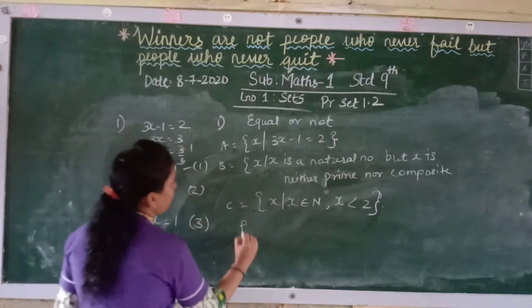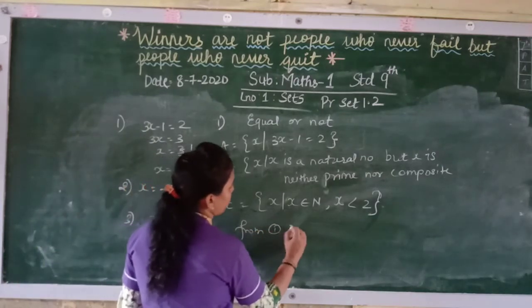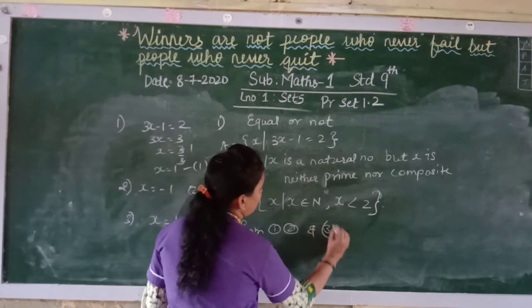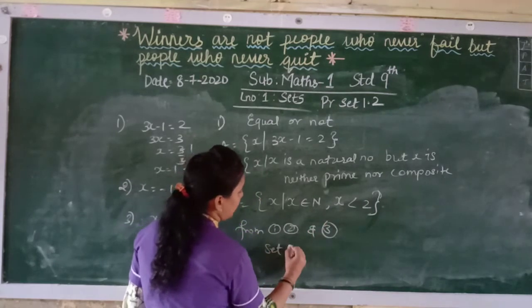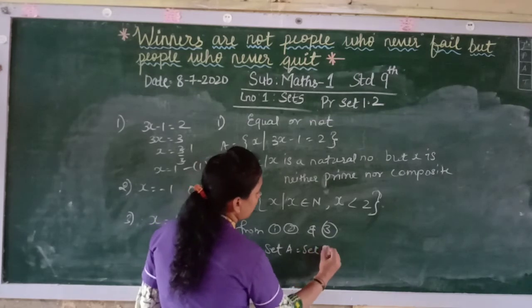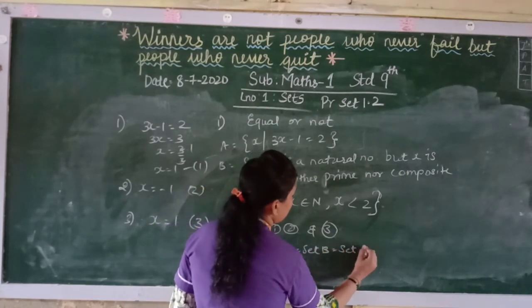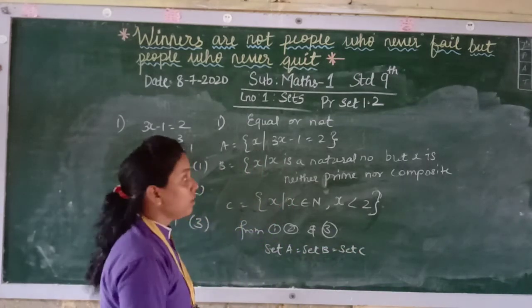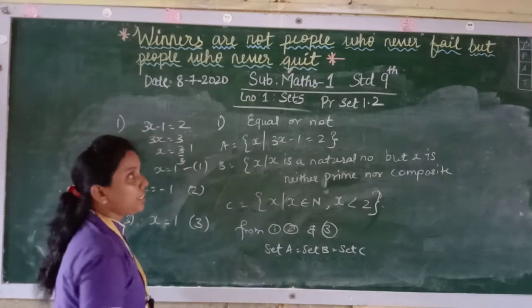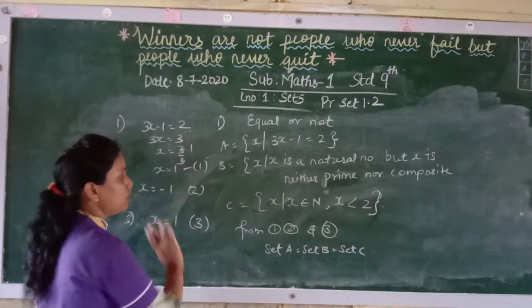Now see, from 1, 2 and 3, what you will get? Set A is equal to set B is equal to set C. Why? As all the three sets contain the same element, that is 1.